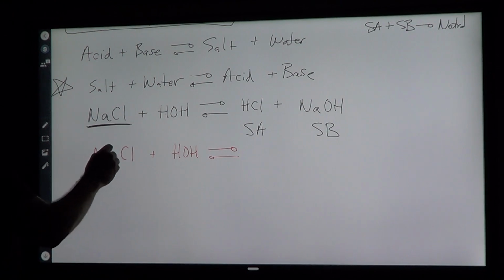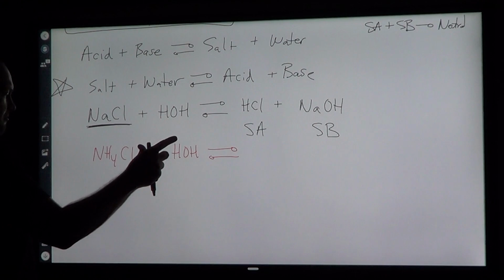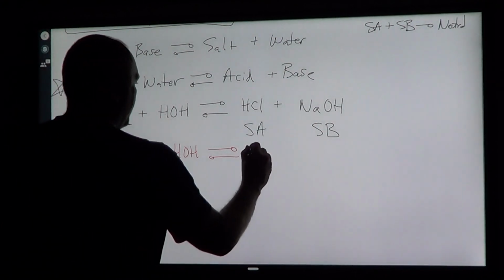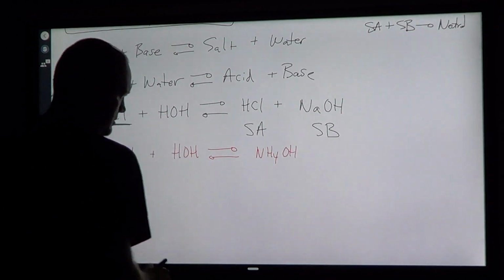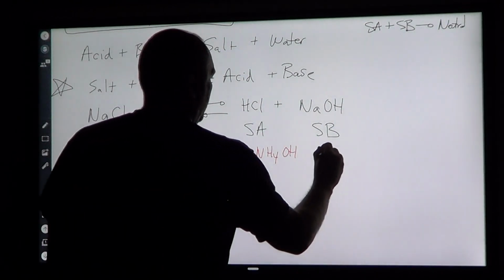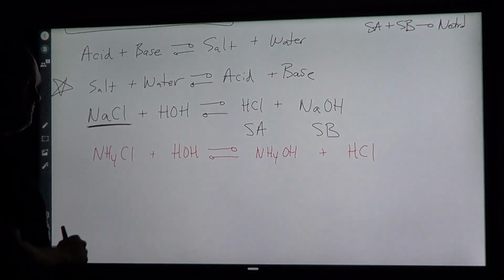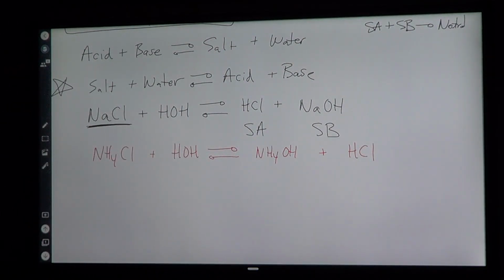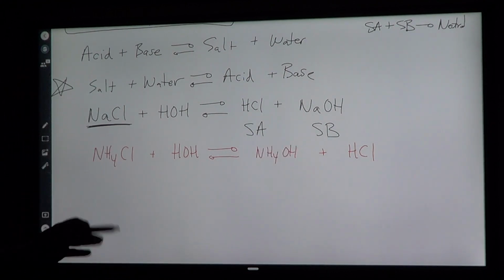If ammonium chloride is going to hydrolyze the water, right, going to perform hydrolysis, it's going to create NH4OH, and it will form HCl. Okay? Now, this will decompose into ammonia and water, but we don't need to know that for now.